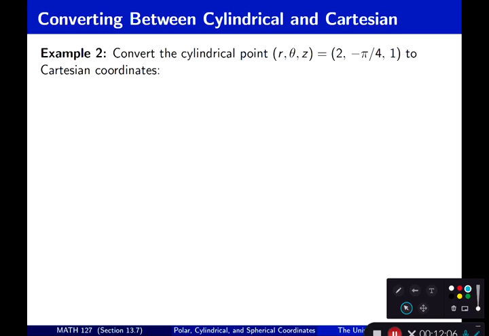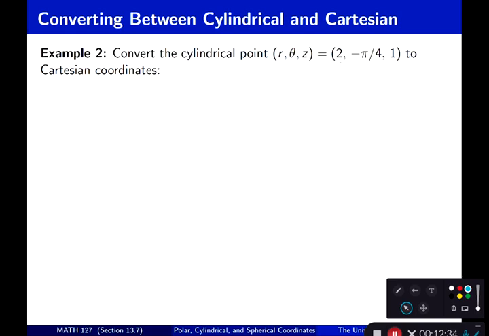Example: convert the cylindrical point r, theta, z equal to 2, negative pi fourth, and 1 to Cartesian coordinates. So r is 2, theta is negative pi fourth, and z is equal to 1. Z stays the same.